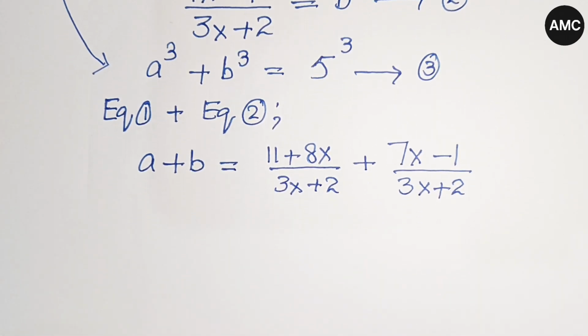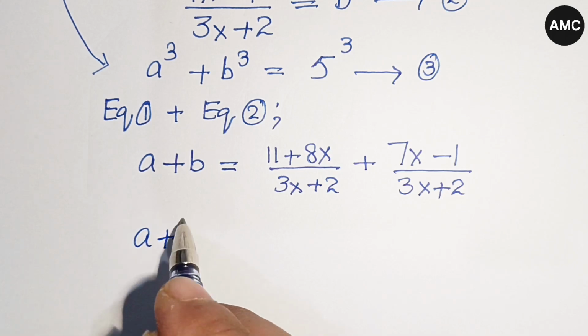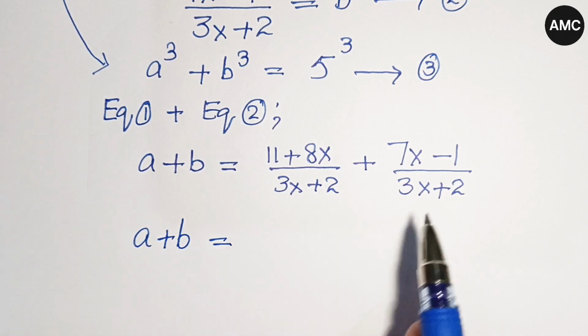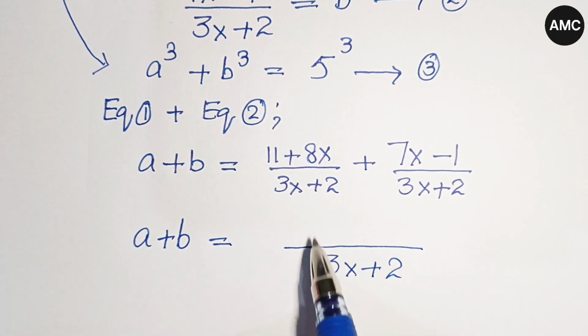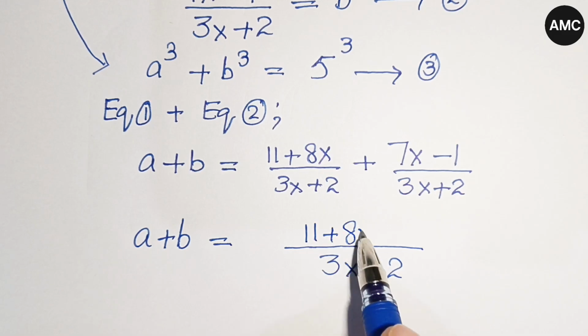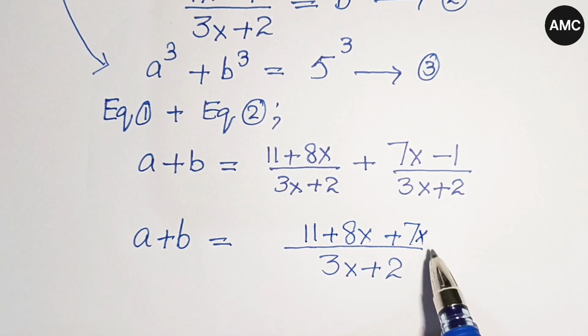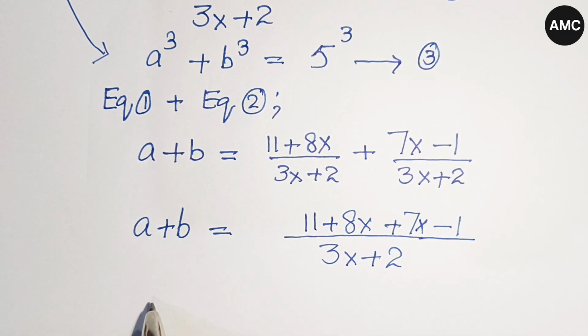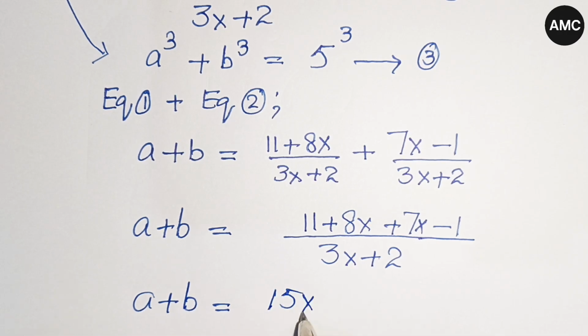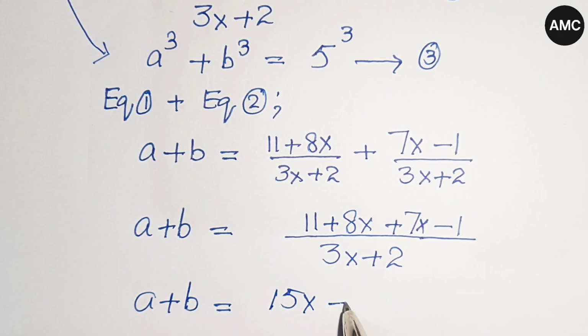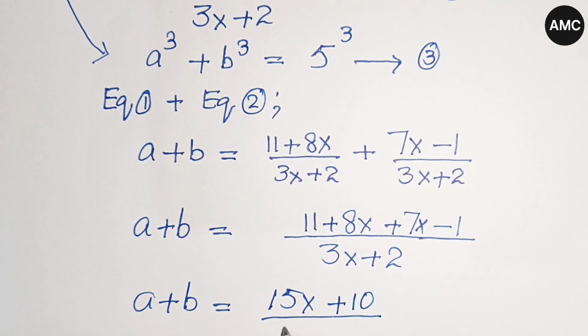Now a plus b is equal to, since the denominators are the same, we take one 3x + 2 and get 11 + 8x + 7x − 1. By simplification, 8x plus 7x gives 15x, and 11 minus 1 gives plus 10, all over 3x + 2.